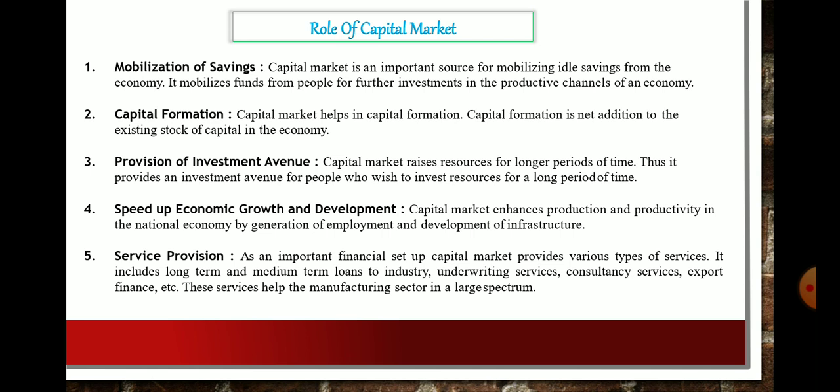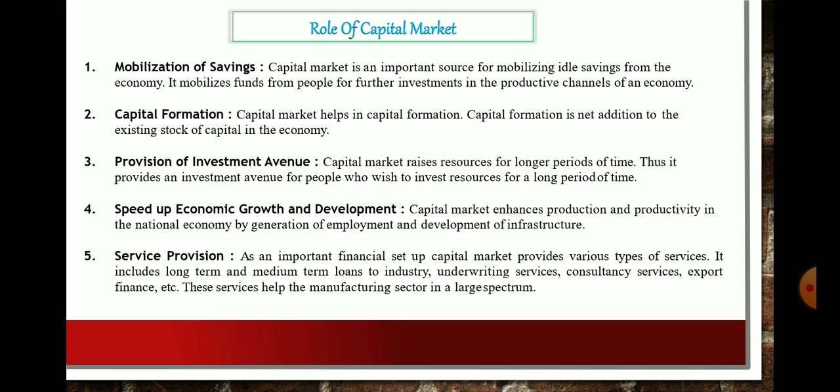Provision of investment avenues. It will help us create a provision for investment avenues. We can invest in various types of investment avenues, such as fixed deposits, recurring deposits, Kisan Vikas Patra, national saving certificates, equity shares, bonds, and debentures. So we can invest anywhere; there are many investment avenues. Speed up economic growth and development. It will help us put on capital, which will increase the value, that is, capital gain.